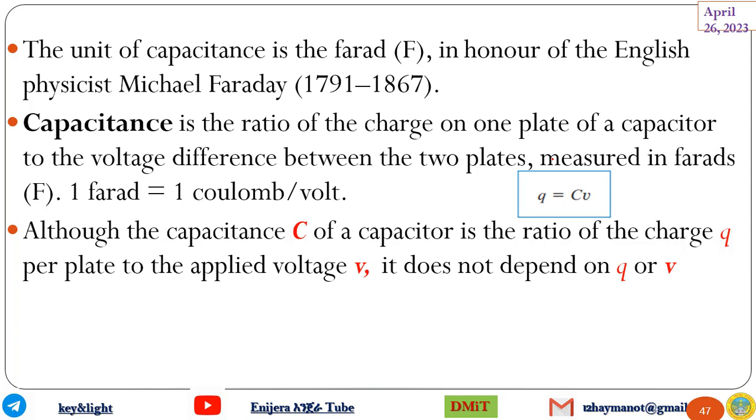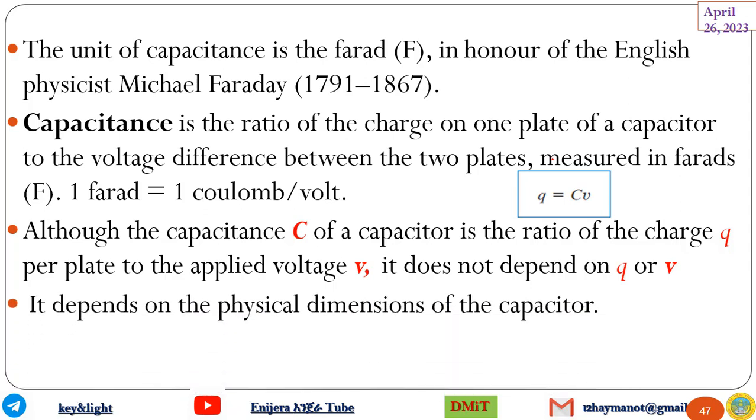The formula shows the charge is equal to the multiplication of the capacitance times the voltage. C is constant. It depends on the physical dimension of the capacitor.